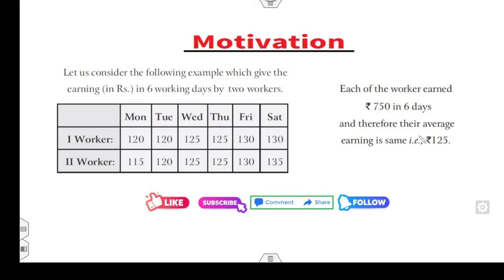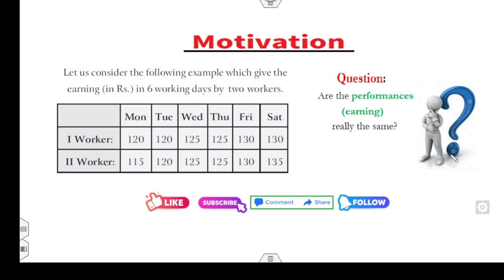Since you can see the average earning is the same, 125, can you say both workers are really the same, or that the performance in terms of earnings is really the same for both workers? Definitely your answer is no. Why? Because the minimum earning of worker 1 is 120 while the highest is 130.